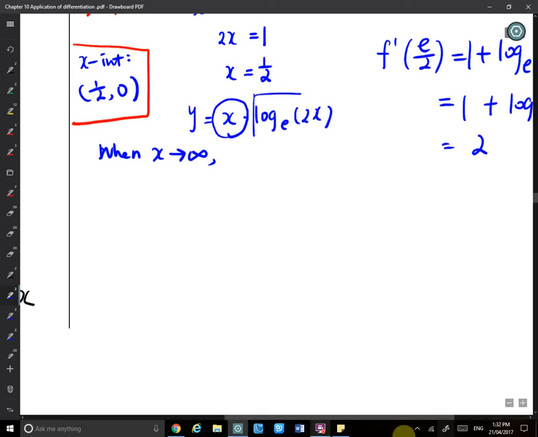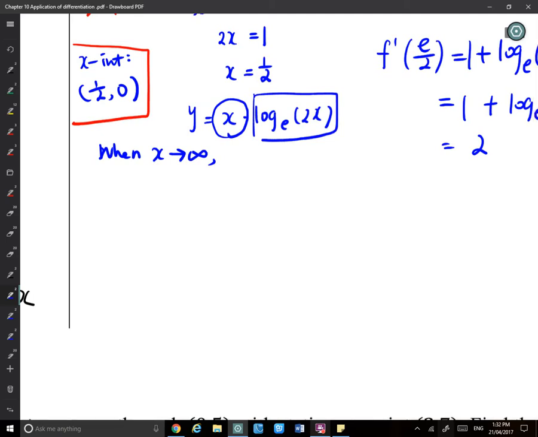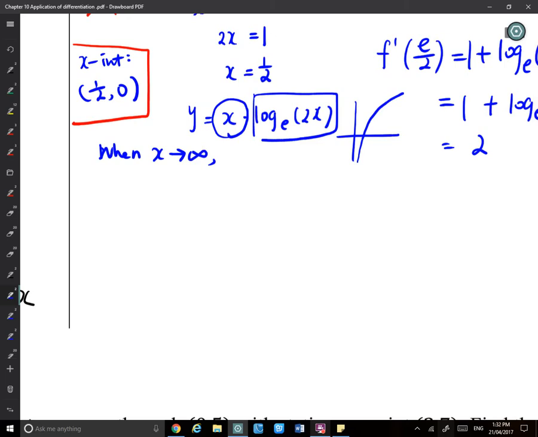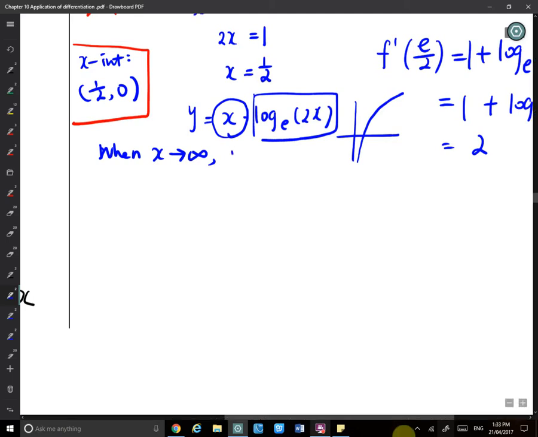And think about log e of 2x. When x approaches infinity, log e of a really big number, what does this graph look like? The graph looks like that, right? It's a log graph. When x approaches infinity, log e of 2x must approach infinity as well. A really big number times another really big number, what is the y value approaching? Infinity, right? So y will approach infinity.